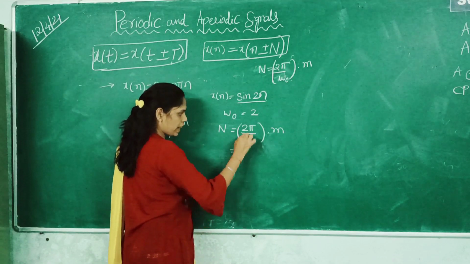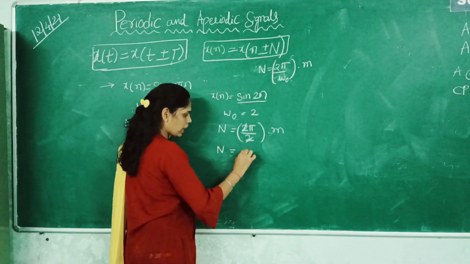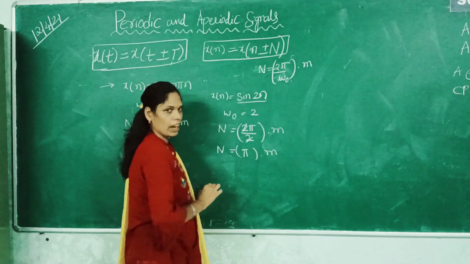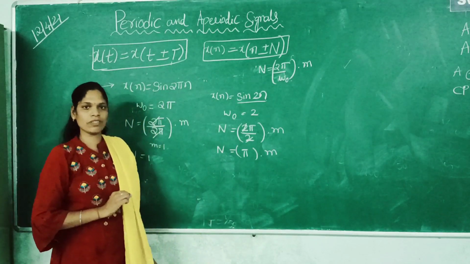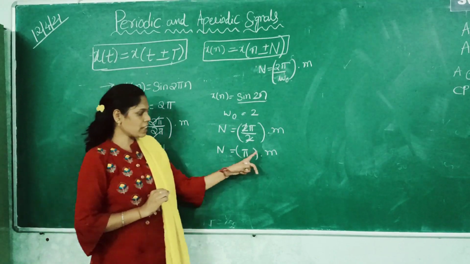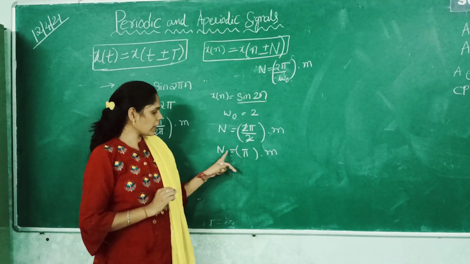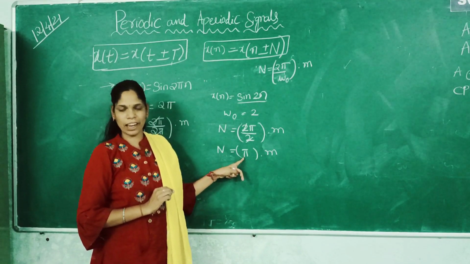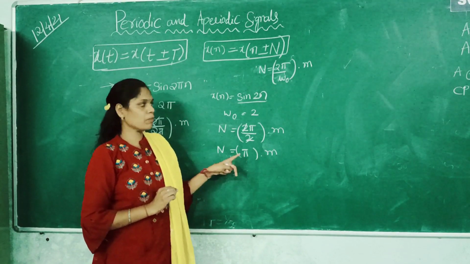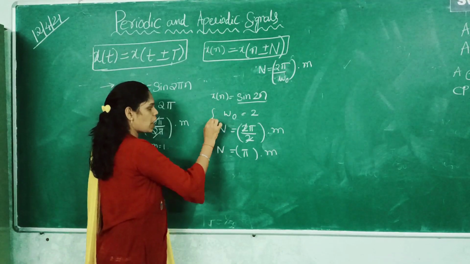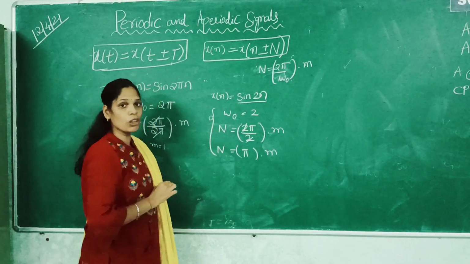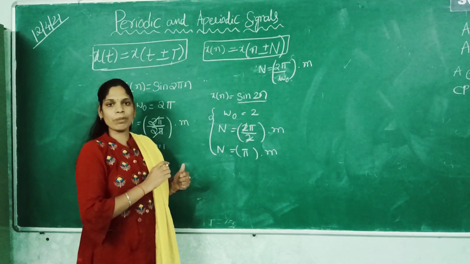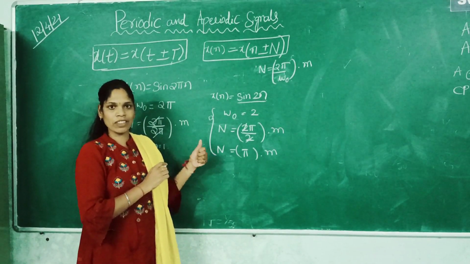So 2 will cancel, and we are getting pi multiplied with m. m should be an integer value, from 1 to infinity. If I consider m equal to 1, we get N equal to pi. Pi is an irrational number, as I already told you. That means the given signal is an aperiodic signal, so we are not getting a fundamental time period for the given signal here.